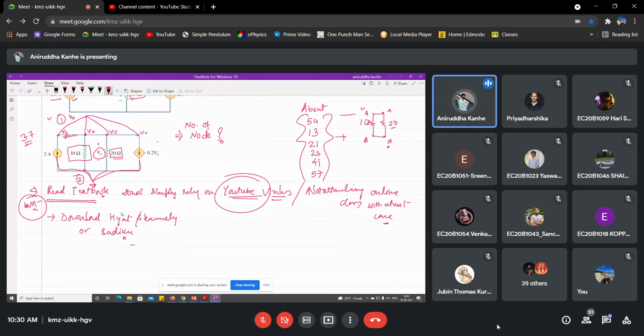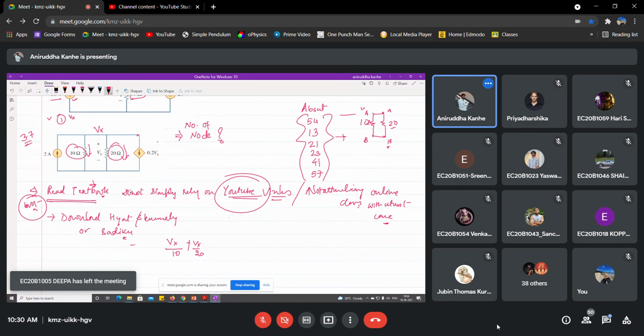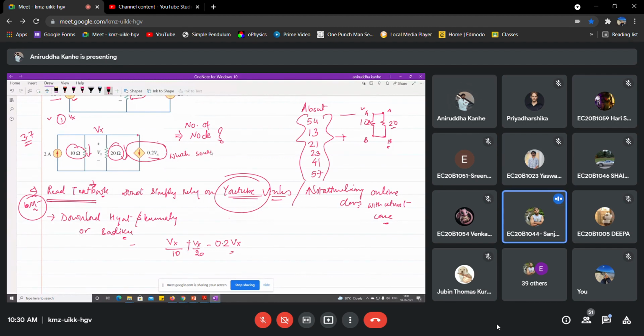Now let us write the equation. That's Vx. Now Vx by 10 outward plus Vx by 20 again outward, and then minus 0.2 Vx. Now what is this? Which source is this? Dependent.